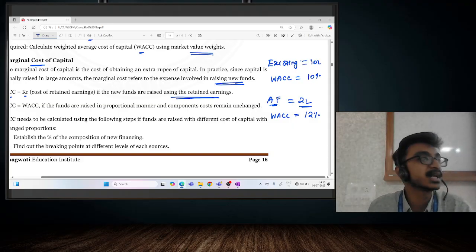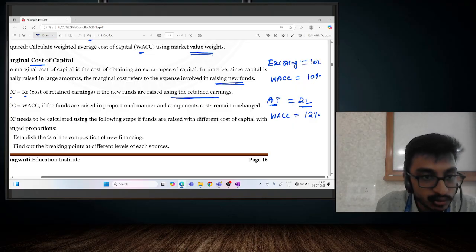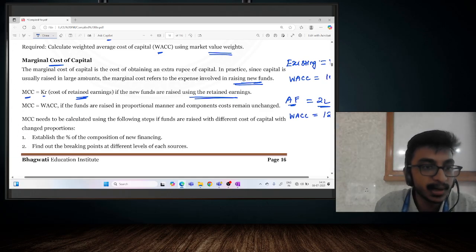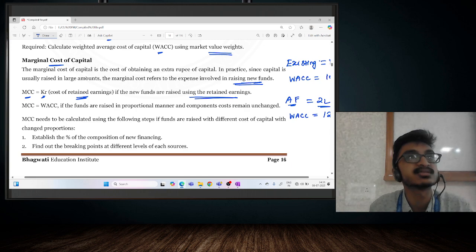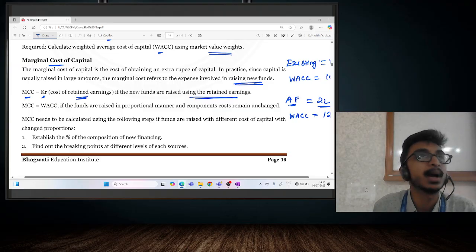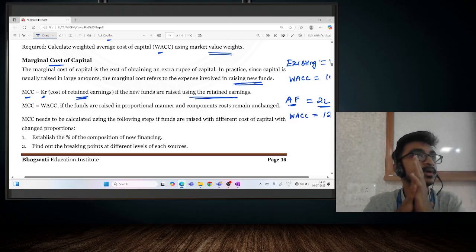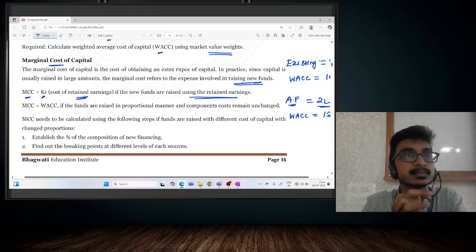So when additional finance is raised using only retained earnings, marginal cost of capital is nothing but cost of retained earnings. And yesterday we discussed how to calculate cost of retained earnings, right? What is the formula for calculating cost of retained earnings?